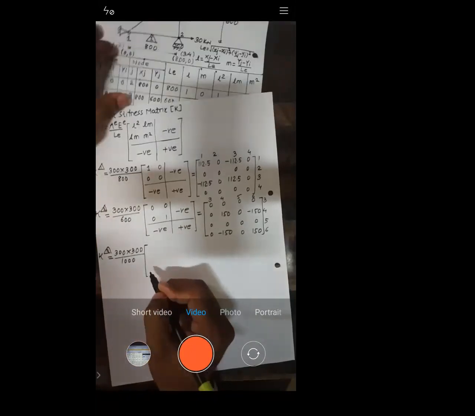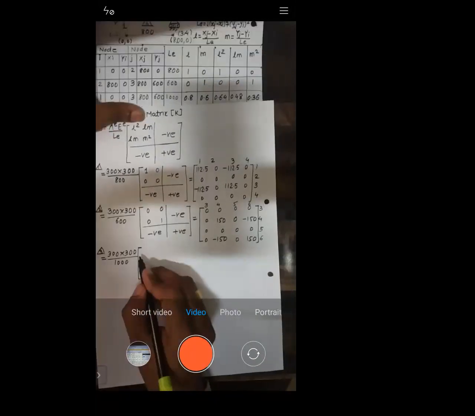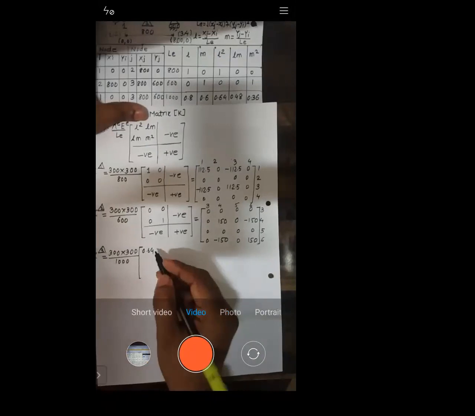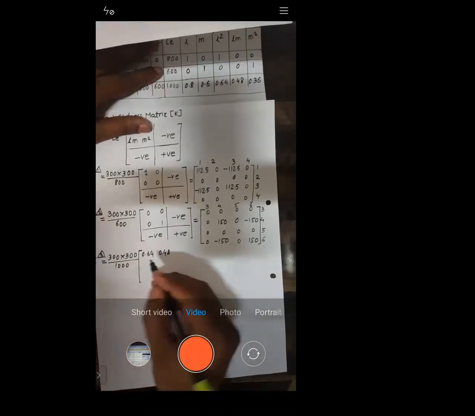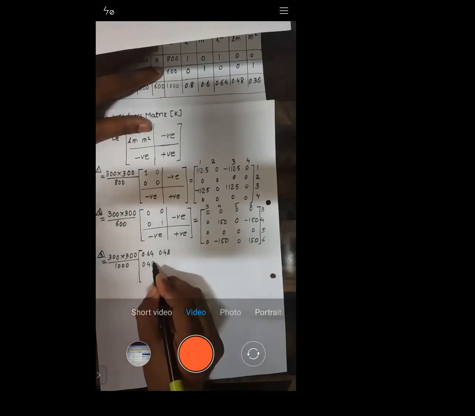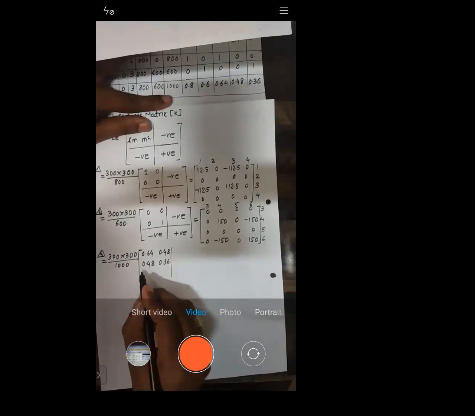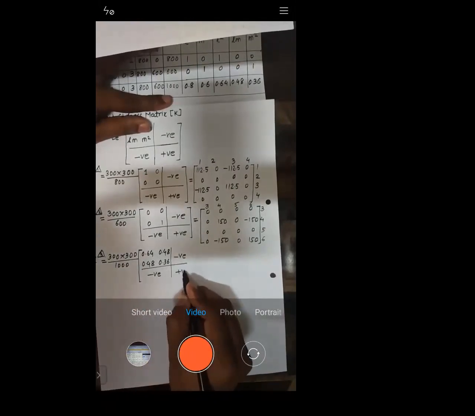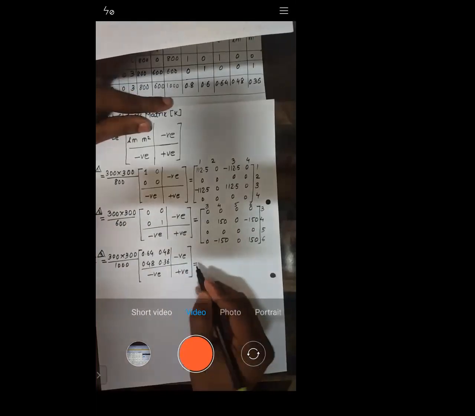L square, just check it, it's 0.64. LM is 0.48, again LM is 0.48, and M square is 0.36. This is again negative value and positive value. No need to copy those things again, we can directly write down here.